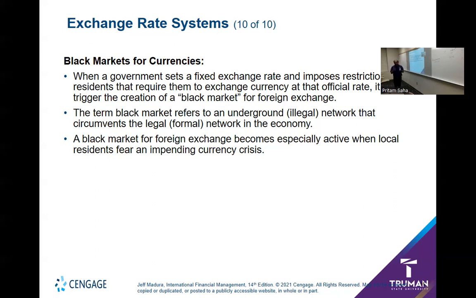Due to those black market activities, even if the government is not allowing it legally, your exchange rate is still affected. It is still weak or still strong, because a lot of money is basically transferring under the table, which you cannot count or control.